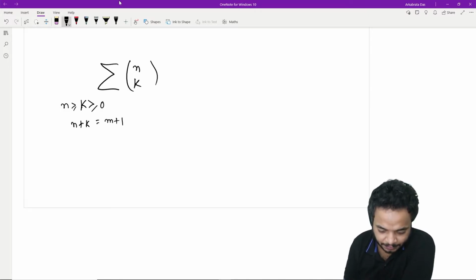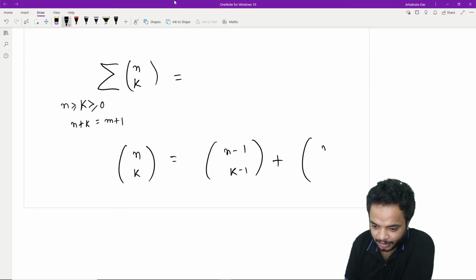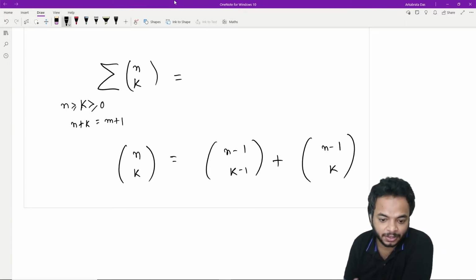Now I can write this using one very important identity, that n choose k is equal to n minus 1 choose k minus 1 plus n minus 1 choose k. This is a very famous combinatorial identity which we are going to use here.